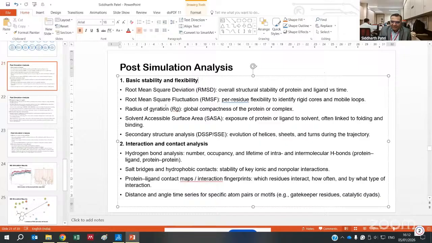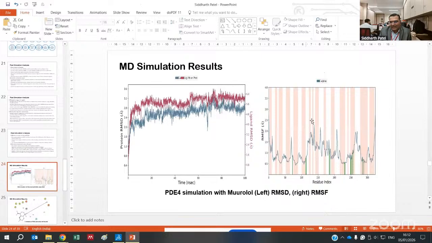Then root mean square fluctuation, we call it RMSF. The right side is RMSF, where the red lines are alpha helix and the white ones are beta sheets.